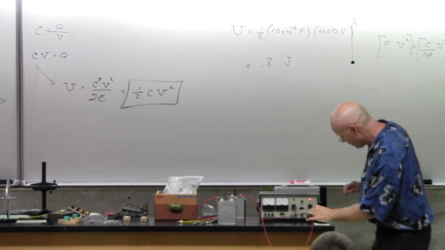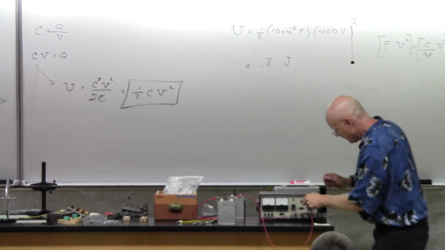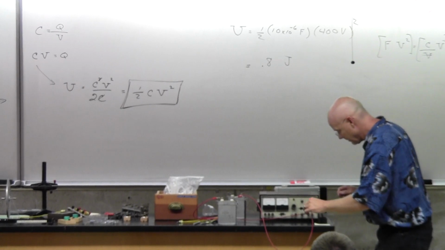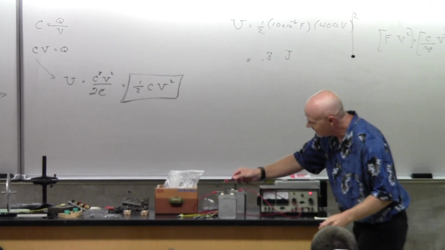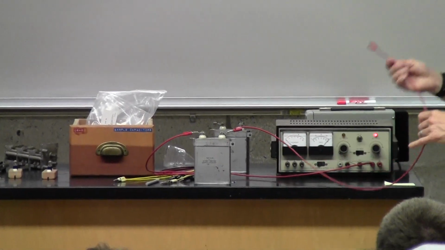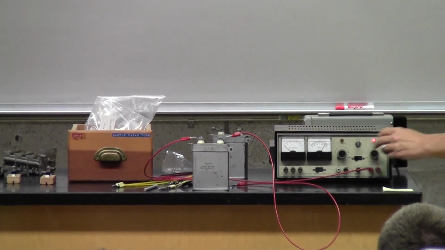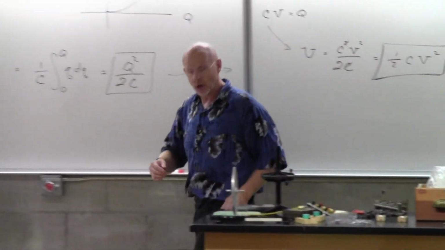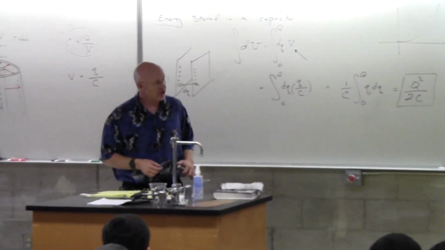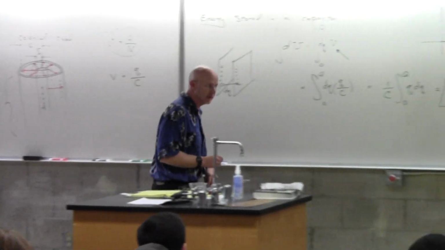Let it discharge here a little bit. And one more time. Just because I can, right? And so if we put them together, you'll see the release of energy as it goes from one to another. And so there's our energy and at least our calculation.